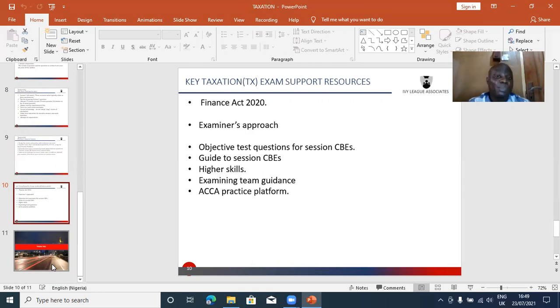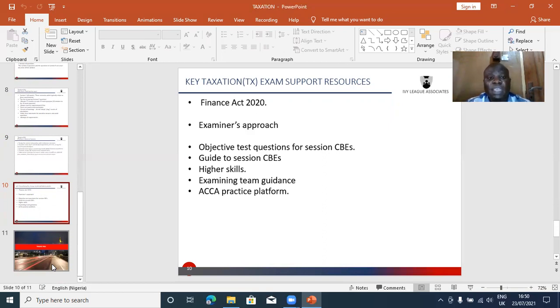Then we have the examiner's approach, which opens up to you the mind of the examiner. Then objective test questions for session CBE. This exam is not an on-demand exam, it's a session CBE, so it can only be written in March, June, September, and December.